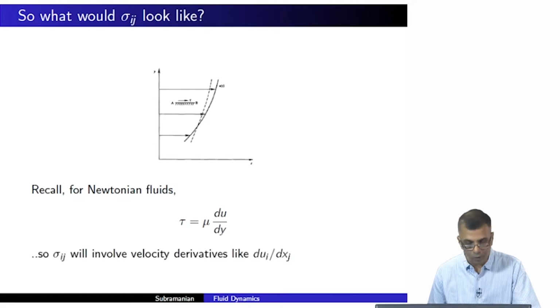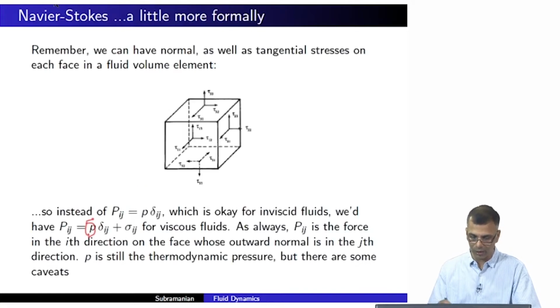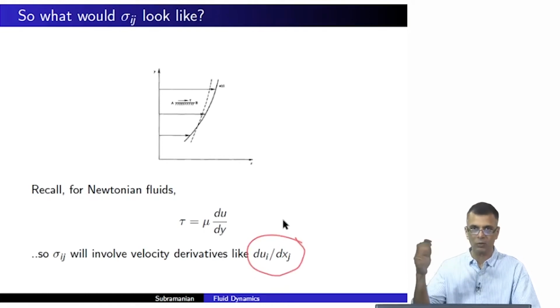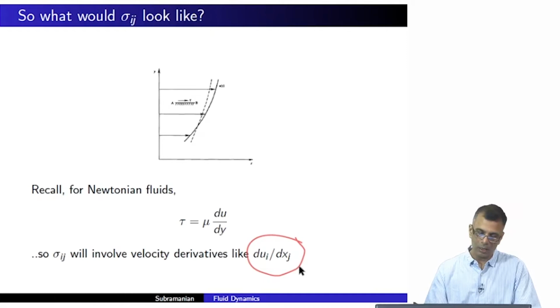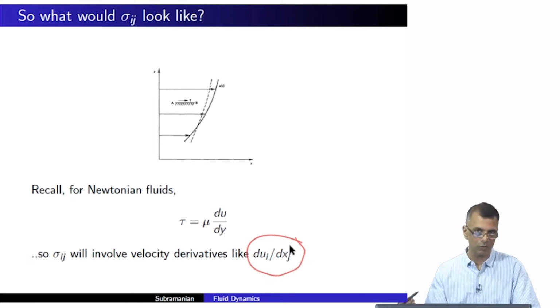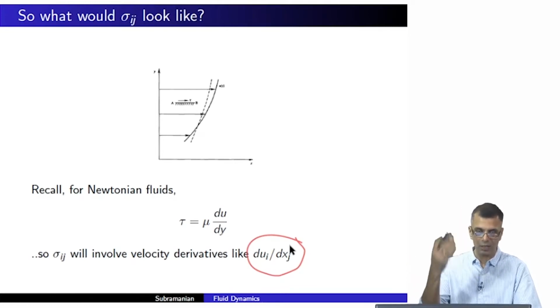So clearly, the sigma ij's, these off-diagonal terms, will involve velocity derivatives like dui dxj, where i and j can be any of x, y, and z. So for instance, this could be dux dy, or duy dz, and so on and so forth.